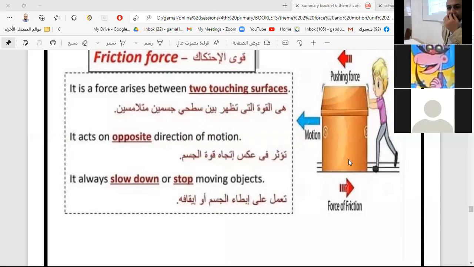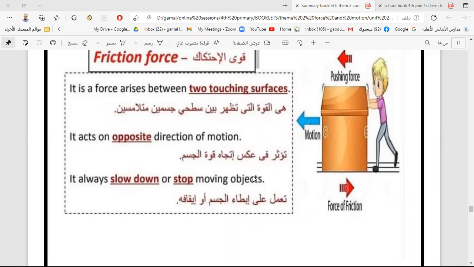Because there's friction with the ground. The ground makes a friction force. Is it in the same direction of the movement or in opposite direction? Very good. It is in opposite direction.